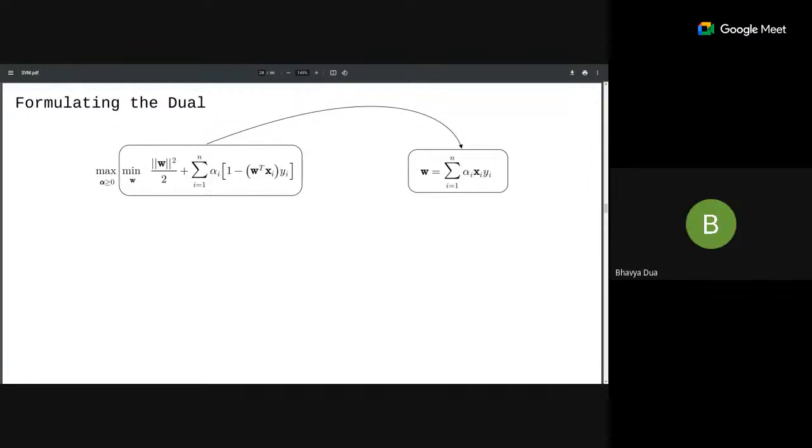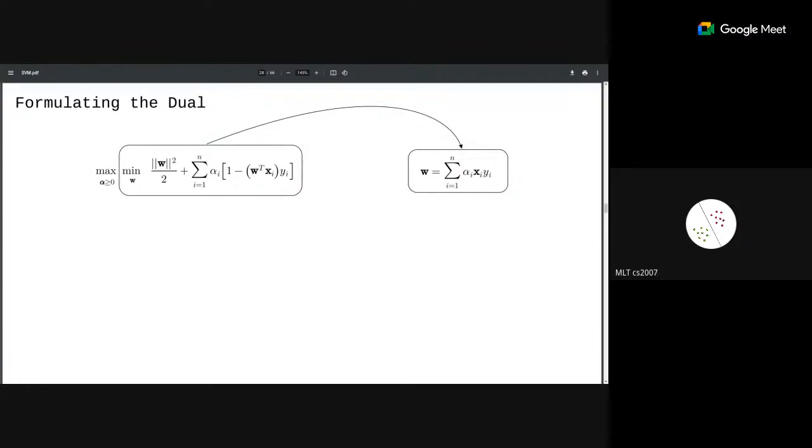Okay, we are not going into that because we are not covering that as a part of the course, and I also don't know what this theorem exactly is. But Sir mentions that W is a linear combination of data points. So we have seen this in regression, we have seen this in logistic regression, and we are now seeing it in SVM also. It's a recurring theme.